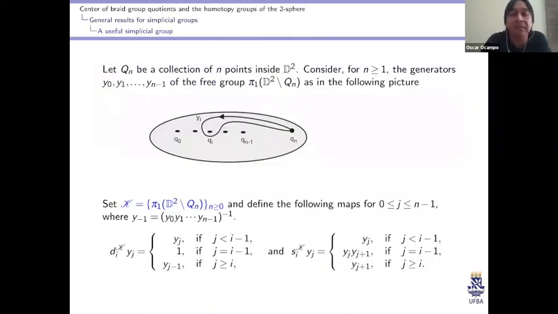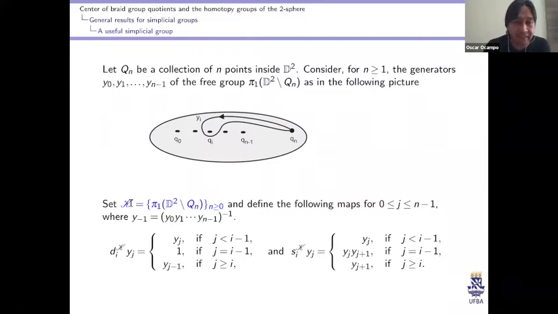So we will start in this way. Given a collection of endpoints inside of the disk, we will consider these generators. These generators are very appropriate because we want to get these generators in pure braid groups over the disk in a few minutes. So we take these generators.